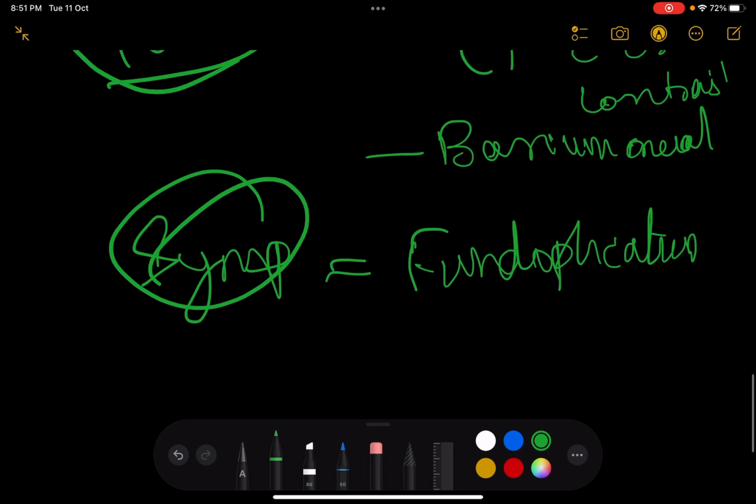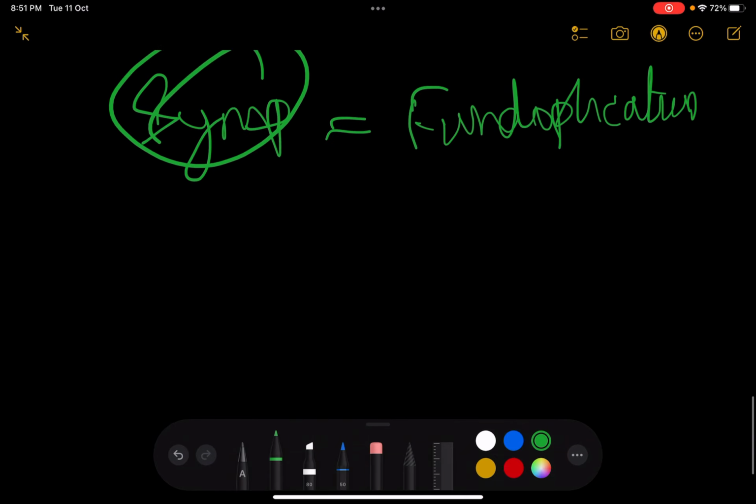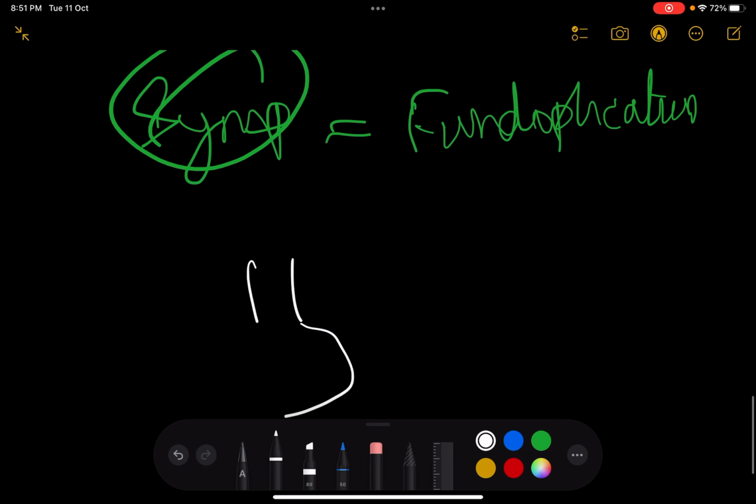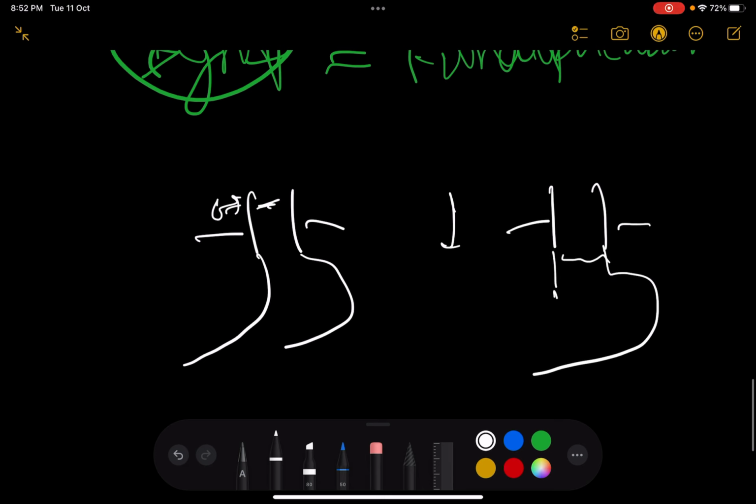If the G junction is up, as we had shown, then you restore it and bring it down into the abdomen, at minimum 3 centimeters.